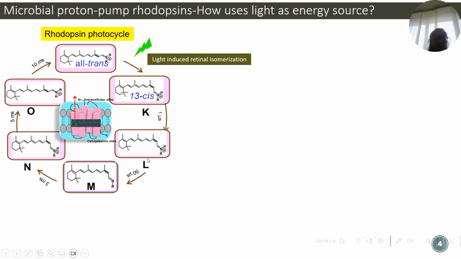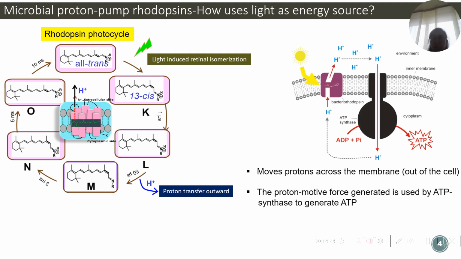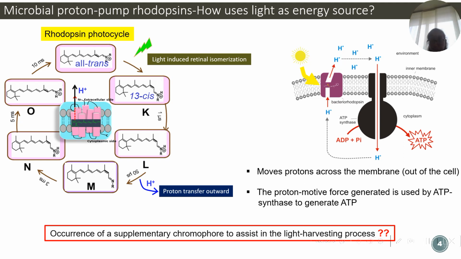In one step of these several intermediates, a proton is ultimately transferred outside of the membrane. As you can see, in this outward proton movement process, a proton motive force is generated, and this is used by the ATP synthase enzyme to generate ATP. So this is how rhodopsins use light to harvest energy.